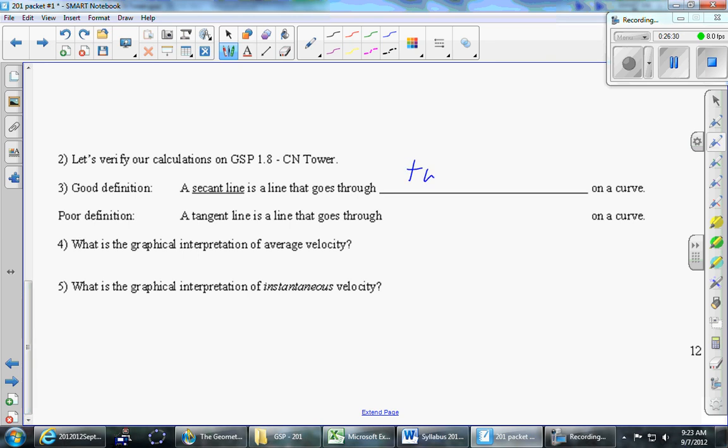Not no points. 1 point. Okay, that's not a good definition, but it's good enough for now. We'll fine-tune that definition soon enough. Number 4, we go to Tiffany.